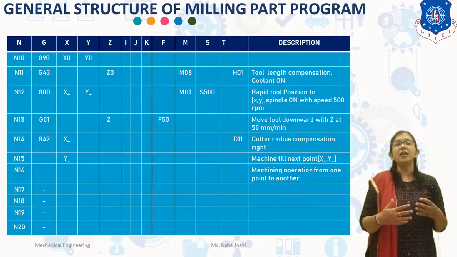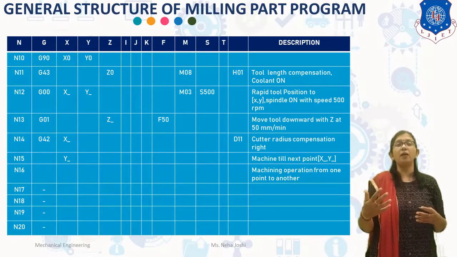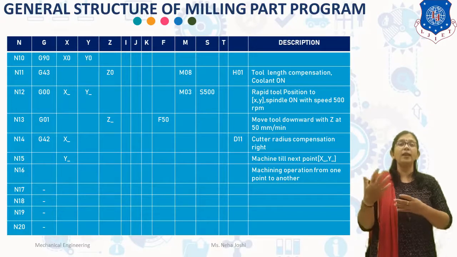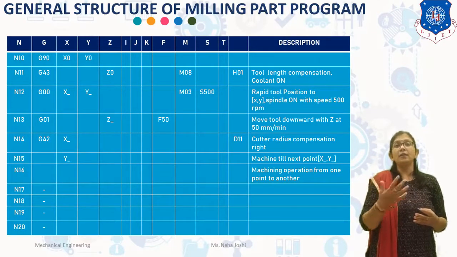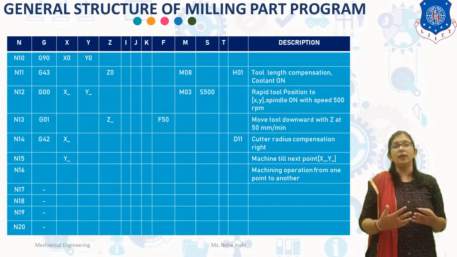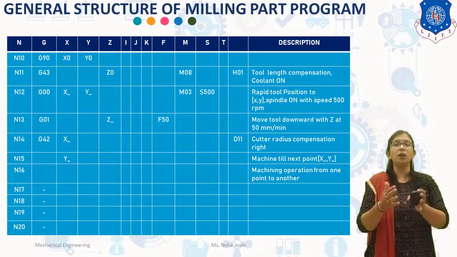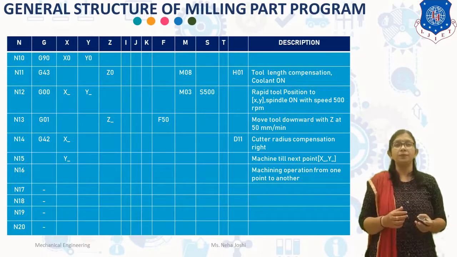The next sequence is N15, which is machining till the next point at XY. From N15 up to N20, the sequences are used for machining operations from one point to another according to your part drawing.